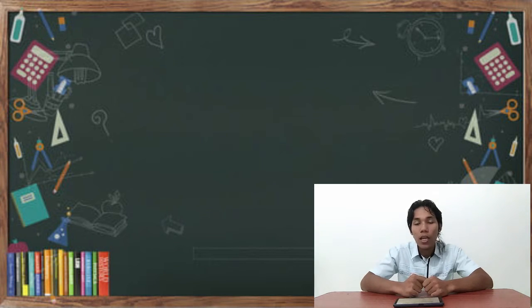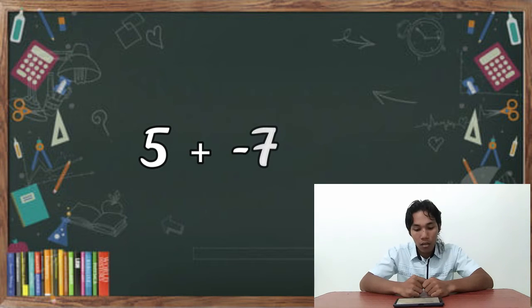We will make it plus. And the opposite of positive 7, or additive inverse, is negative 7. So we'll make it 5 plus negative 7. So the result is negative 2.